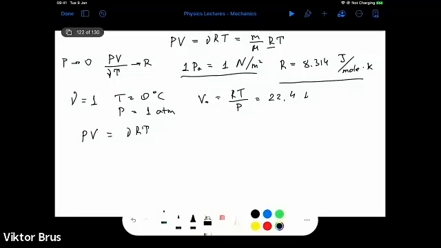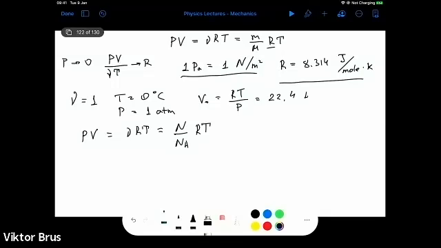And we know that in 1 mole of any substance, we have Avogadro's number of particles. Then the number of moles can be represented as the ratio between total number of particles and Avogadro's number. And then we have a product with a constant R and T.